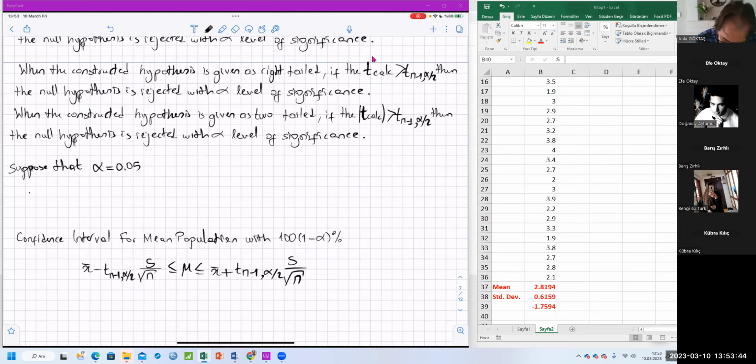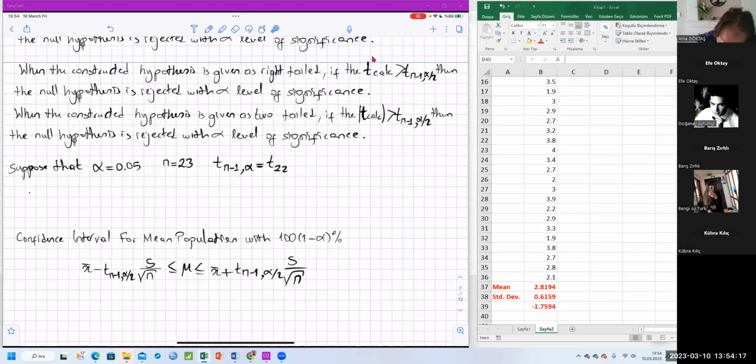Okay, so if alpha is 0.05 from the T distribution and the sample size is, say, 23, the critical value for t of n minus 1, alpha is going to be t 22. 22 is the degree of freedom.